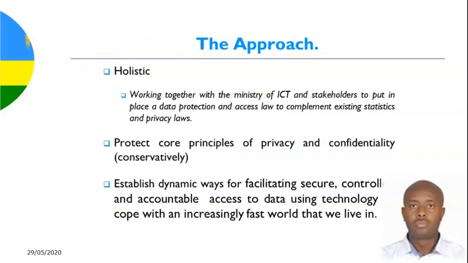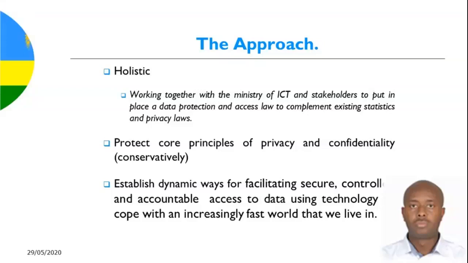So with the two things, the context and who wants what and why, from our perspective, what we are seeing, for example, from Rwanda, is that now it's time to deal with this issue holistically, because this is a problem that has been there and it's increasing and it will only increase. So it only makes sense to try to deal with this challenge in a holistic way. We are working with the Ministry of ICT. In Rwanda, we didn't have a law in place that regulates access and protection to data.